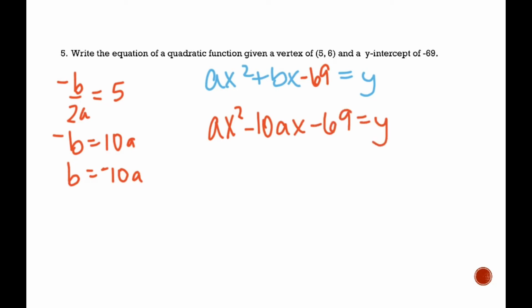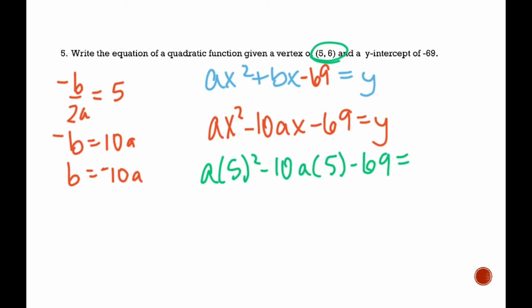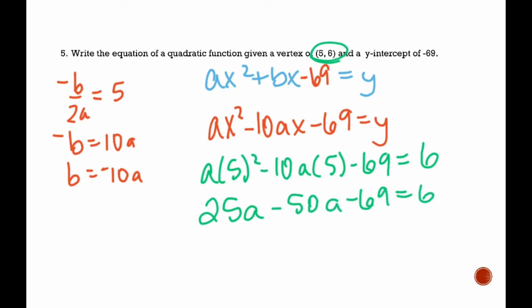So ax squared minus 10ax minus 69 equals y. Then we're going to use our x and y's to replace in our equation. So we're going to have a times 5 squared minus 10a times 5 minus 69 equals my y is 6. And so now I can solve for a. So -25a is equal to 75, and so a is equal to -3.